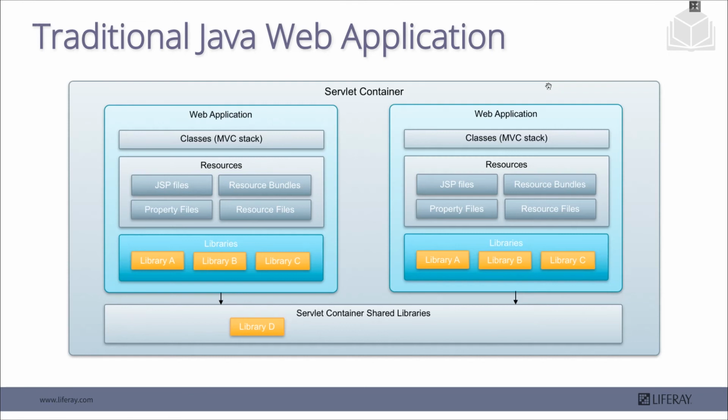What we've seen in the previous diagram and this one here is what traditional class loading looks like within a standard Java web application. You can have your application, a number of libraries within that application, and then you can go out and search for other classes or libraries within the servlet container's libraries, like with Tomcat, we have the lib and the libext.